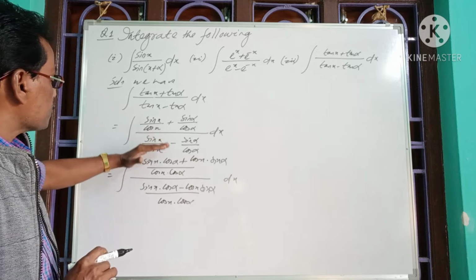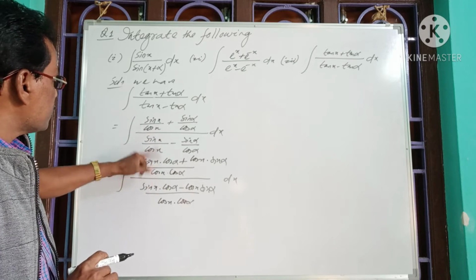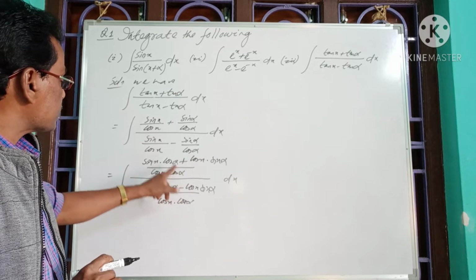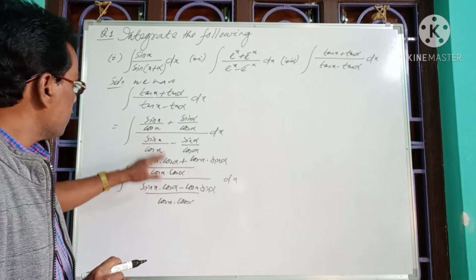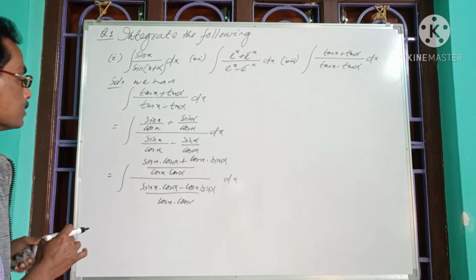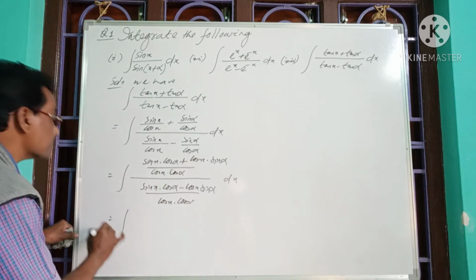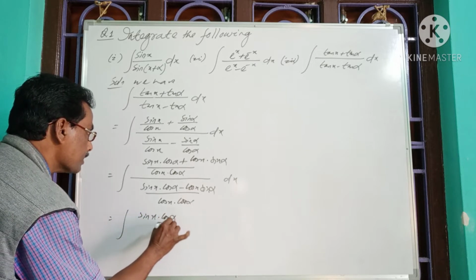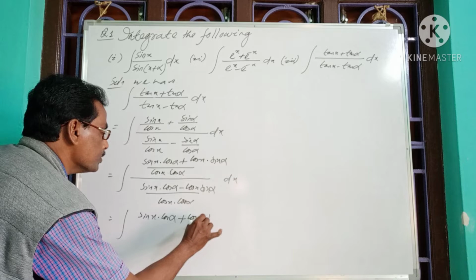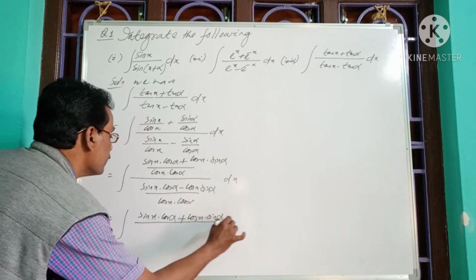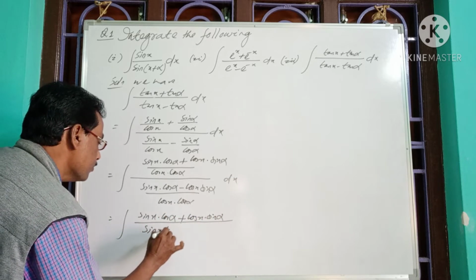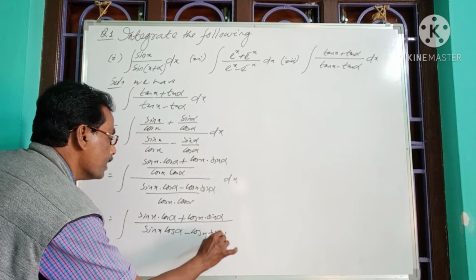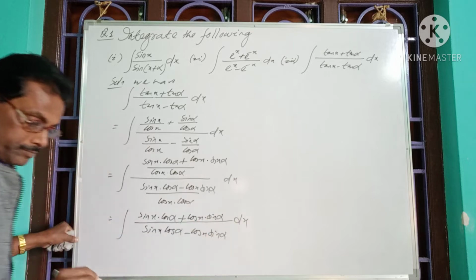Now the integrand is transformed into this form, where in both cases the denominator contains cos x into cos alpha. So cancelling cos x into cos alpha from both the numerator and denominator, the integrand transforms into integration of sin x into cos alpha plus cos x into sin alpha by sin x into cos alpha minus cos x into sin alpha, with respect to x.